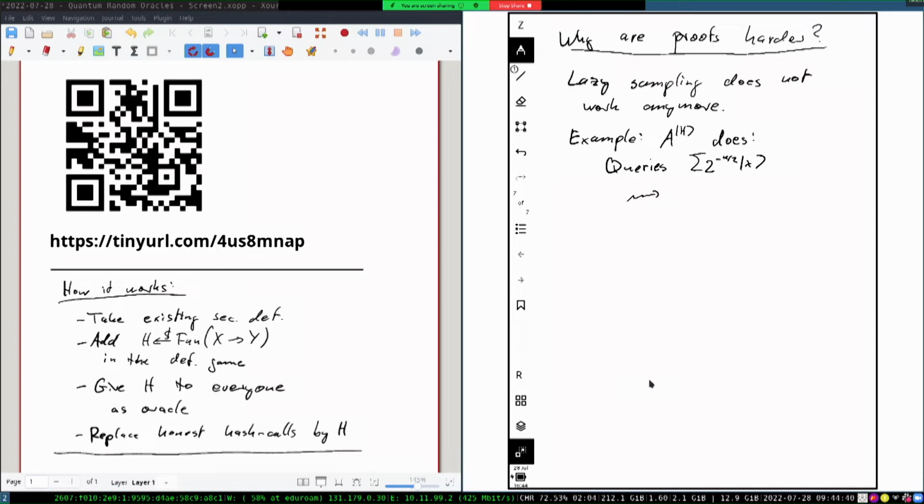This gives back the state 2 to the minus n half of |x> in one register and |H(x)> on the other, so we should put a 0 here in addition. And this looks harmless at first glance, but actually what it means is that all values of H are now involved in the state that goes back to the adversary. So we can't say pick just one H, we have to pick all outputs of H.